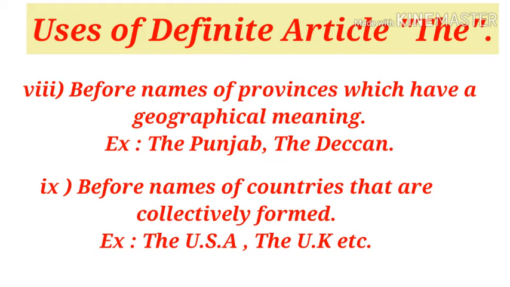These have the definite article the, but it is not used before a single country. For example, before India we do not say the India, before Sri Lanka we do not say the Sri Lanka. Okay, remember this. This is a very important rule.